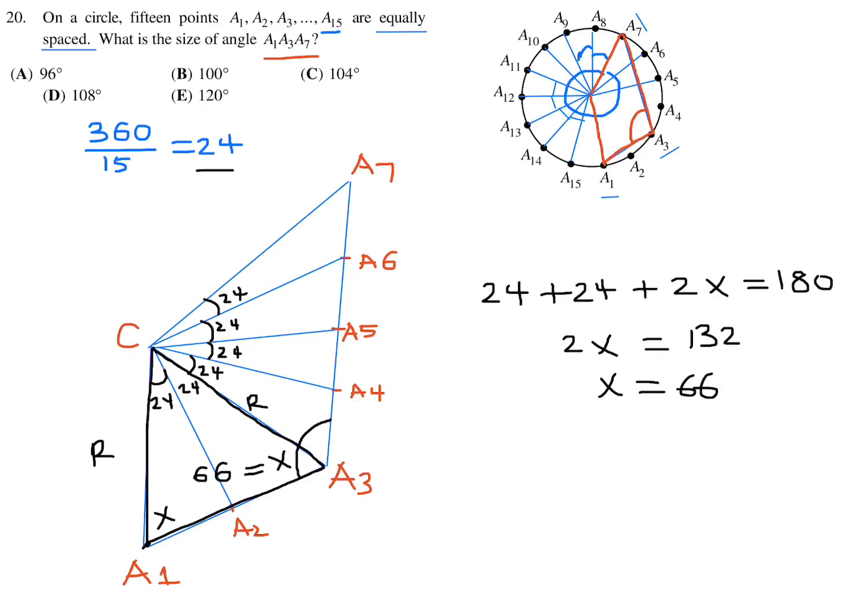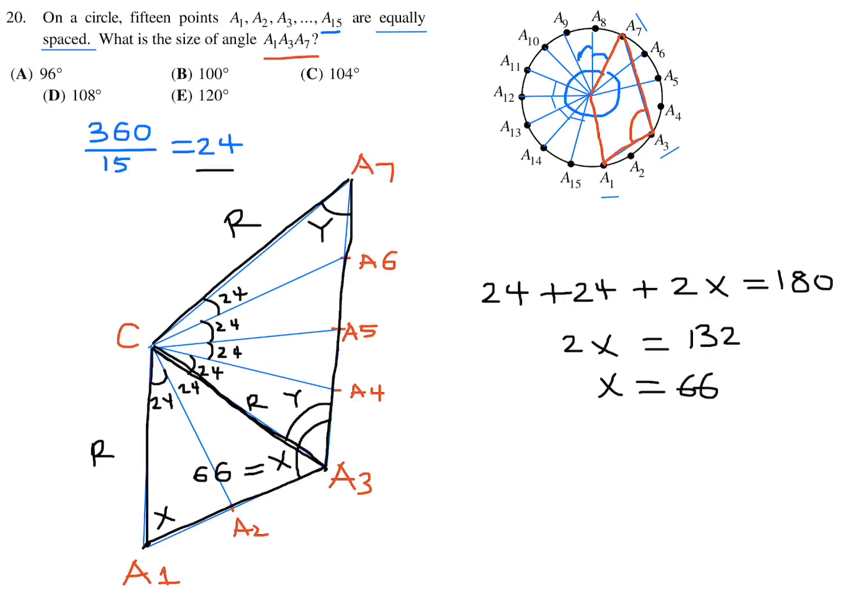Now we turn our attention to this triangle, right? And it's basically the same thing. You want to understand that this is a radius and this is a radius. So therefore this is also an isosceles triangle. So if this angle, say, is y, this angle will also be y. So just like we did with the previous triangle, we have to figure out y.